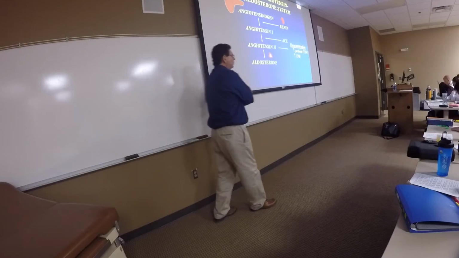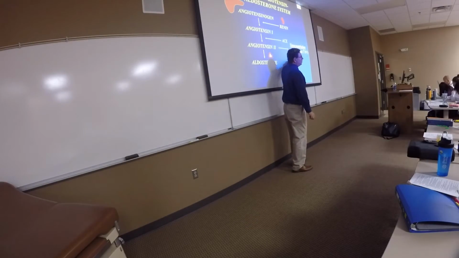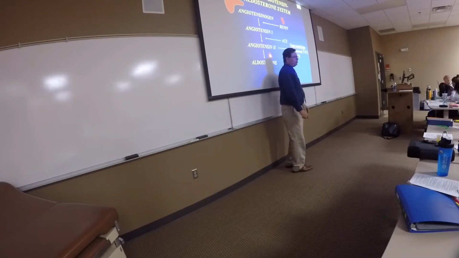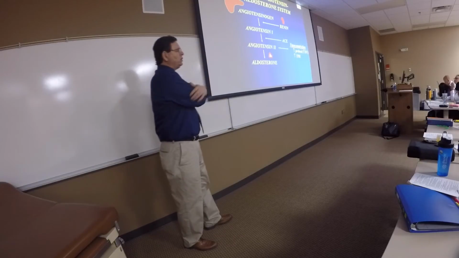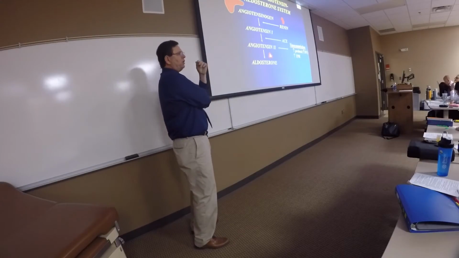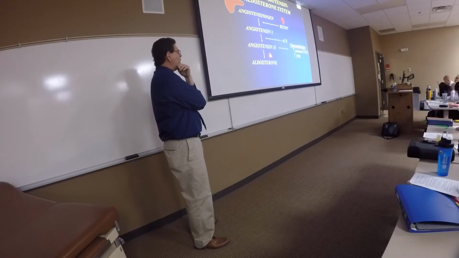It will vasoconstrict on the venous side, increasing preload, increasing stroke volume. On the arterial side, it's also a powerful vasoconstrictor, so that in and of itself will increase total peripheral resistance, the other element of that blood pressure equation.